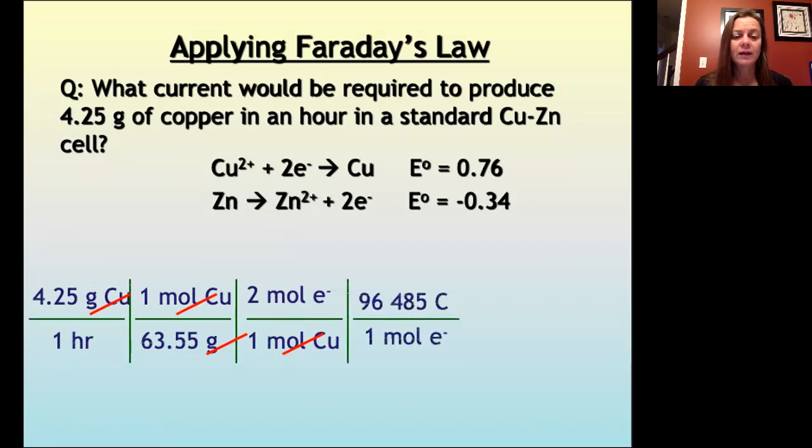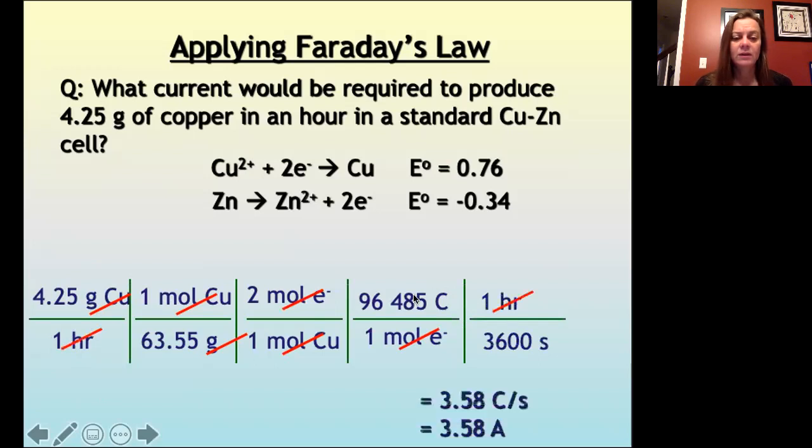So 1 mole of electrons is 96,485 coulombs. And now we can convert our hour that we started out with, since we had an hour, to seconds. And so we are going to use 1 hour is 3,600 seconds. And now you can see that what we have left is coulombs per second, which is the same thing as an amp.